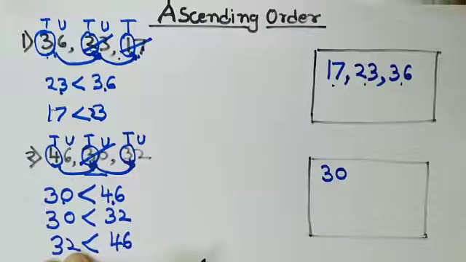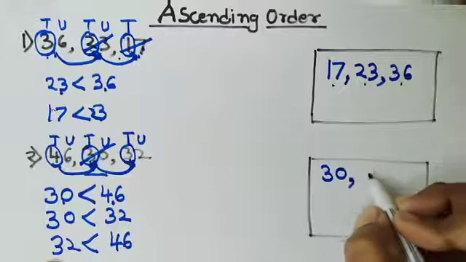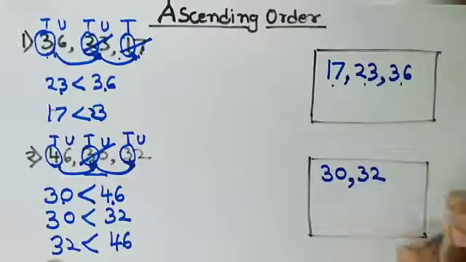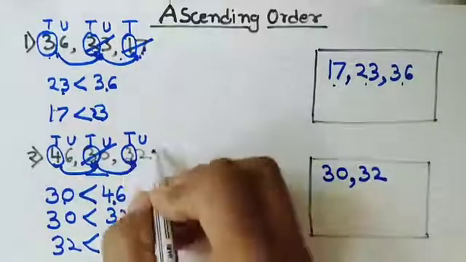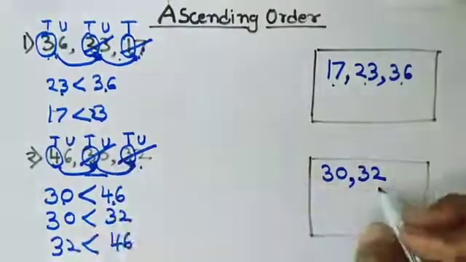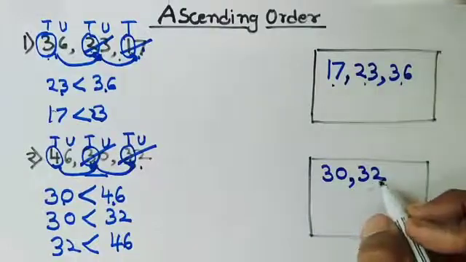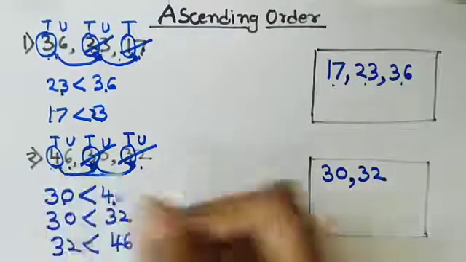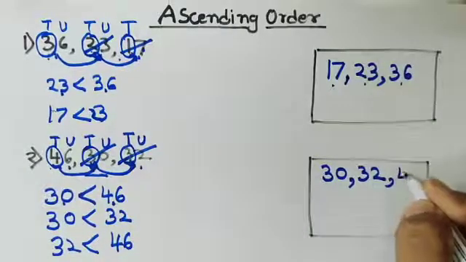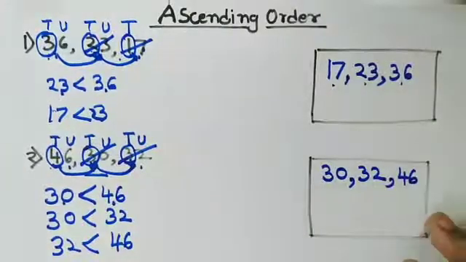Means we will write 32 as the next number out of these 2. So we will cut 32 also and write it here. Next, the remaining number is 46. So we will write the biggest number, 46.